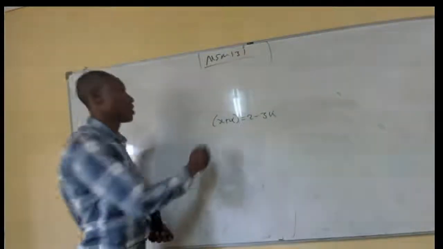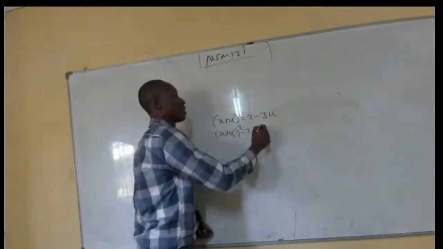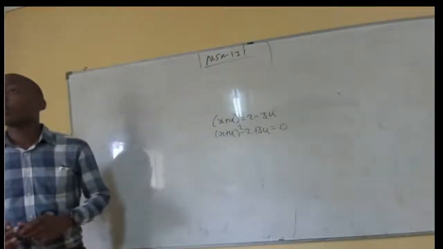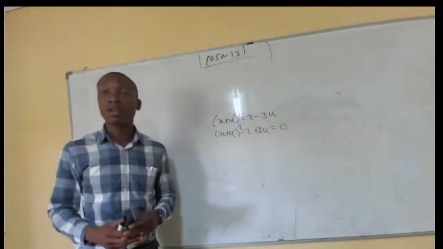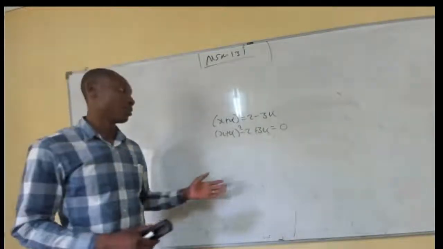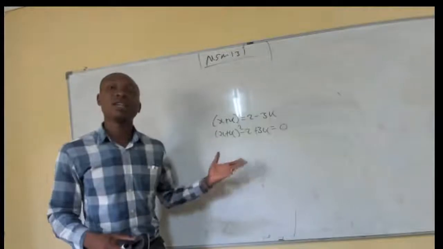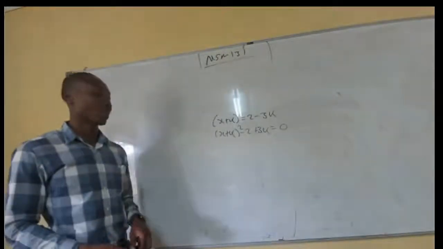So the first thing I'm going to do is rewrite this, plus 3k is equal to 0. Whenever you encounter such questions, you need to find the sum and the product of the roots of a particular quadratic equation. In this case, we cannot find a, b, and c because this has not yet been expanded, so we're going to expand that.